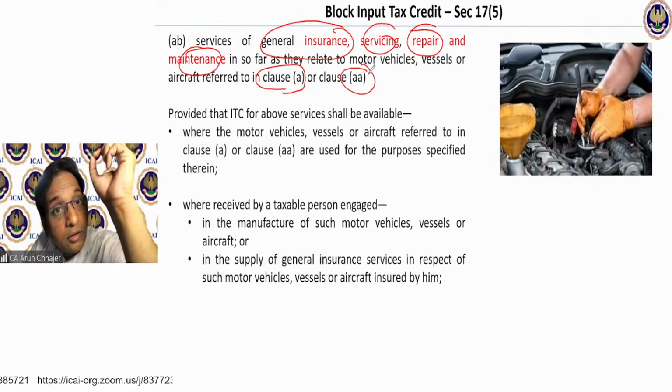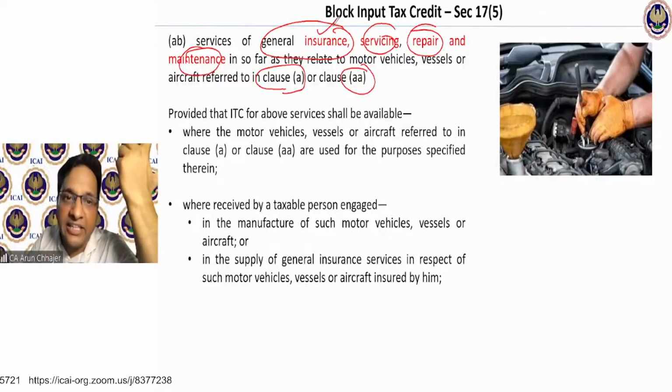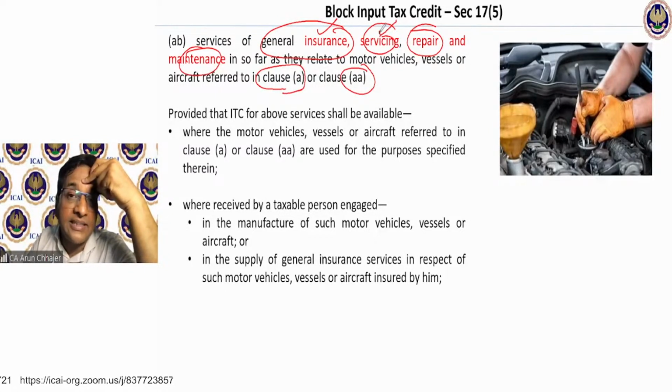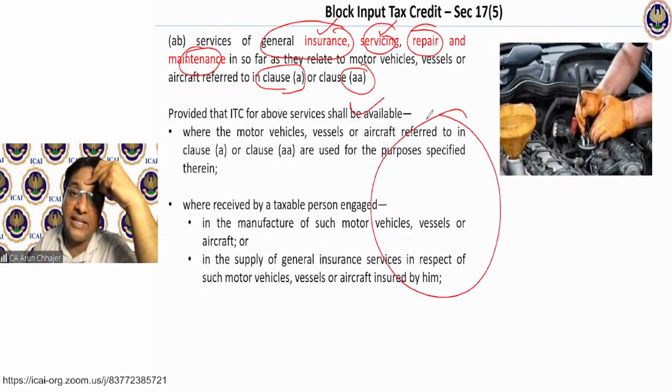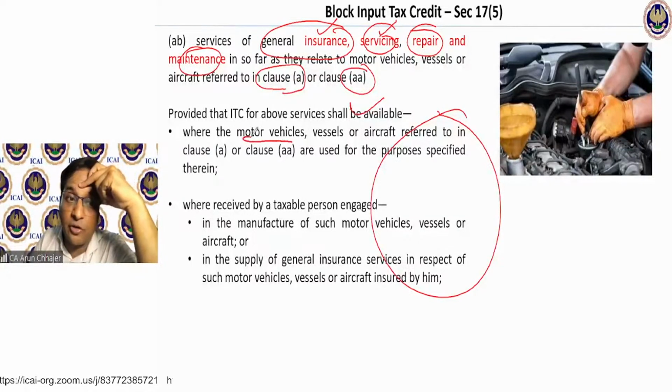If on that motor vehicle you are taking any insurance or taking repair services or servicing, then that service would fall under the block category. Proviso says, in this case you can take the ITC, where the motor vehicle, vessel, or aircraft are used for the purpose specified therein.